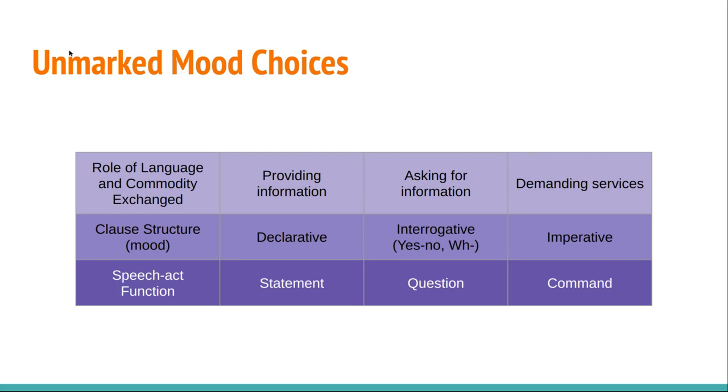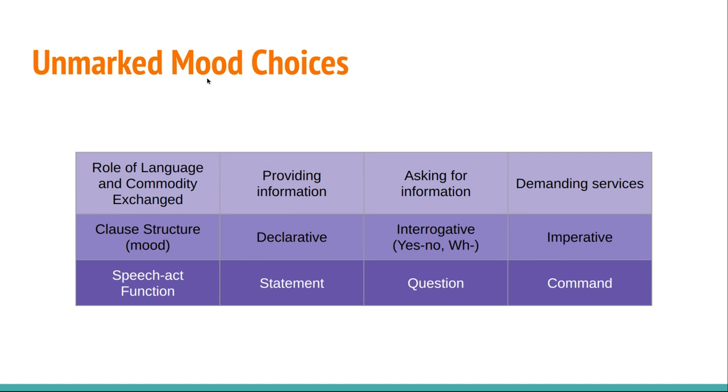Now, this term over here, unmarked, is really important, and you should remember it whenever it is mentioned. When something is unmarked, it is the default, the expected, what you would expect to find. Okay, unmarked mood choices are mood choices which are the default choices.